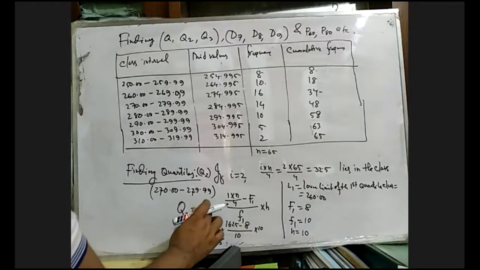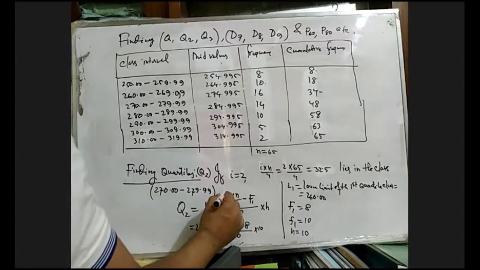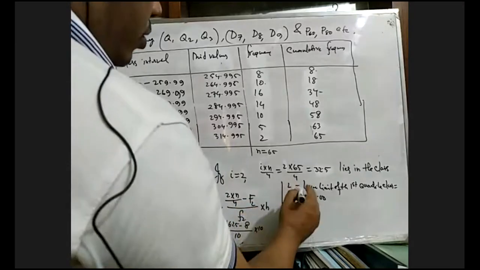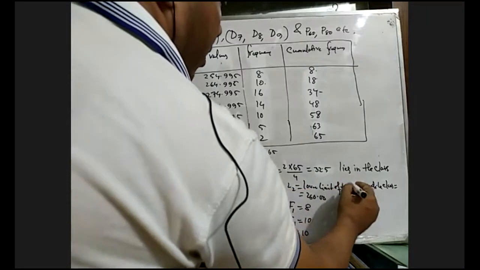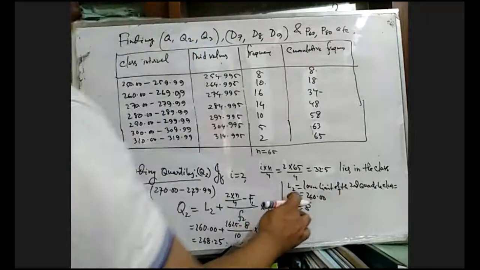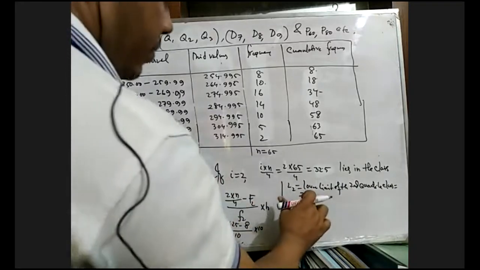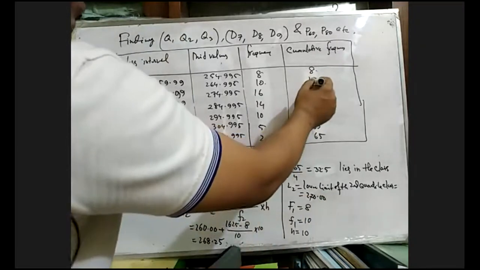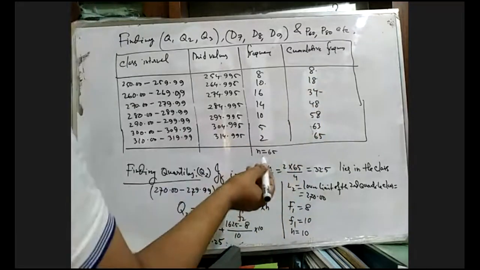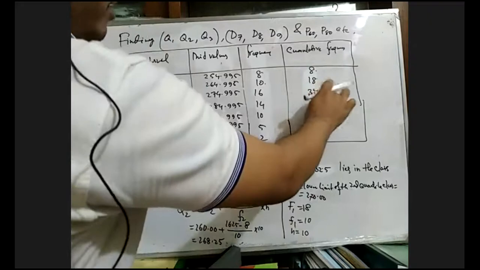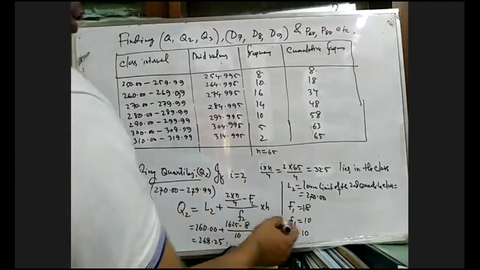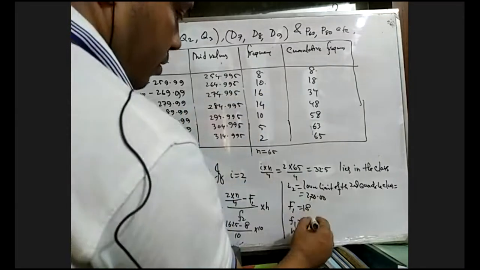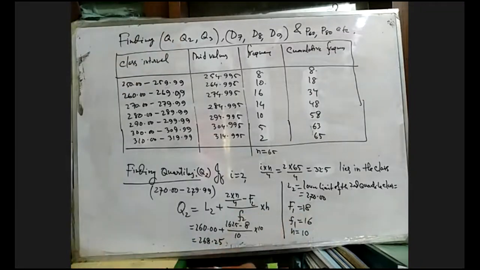In the formula we are using i equals 2. So L2 is the lower limit of the second quartile class, which is 270.00. The cumulative frequency of the previous class is 18. The frequency of the second quartile class is 16, and the length of the class interval is the same.